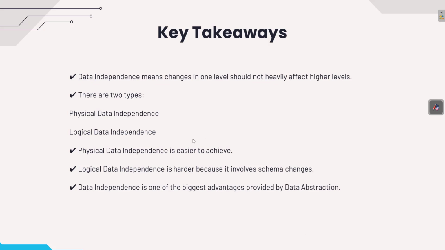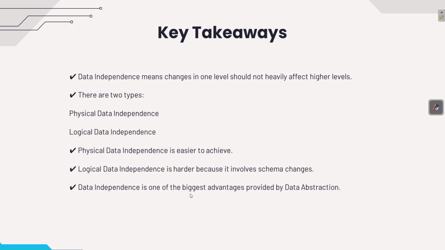Key takeaways: data independence means changes in one level should not heavily impact the higher levels. There are two types: physical data independence and logical data independence. Physical data independence is easier to achieve. Logical data independence is harder because it involves schema changes, as we have seen before.